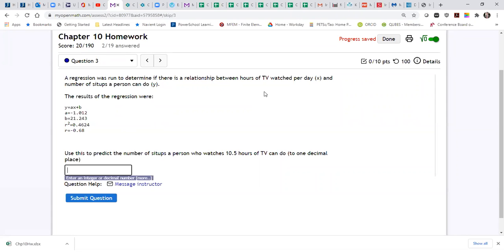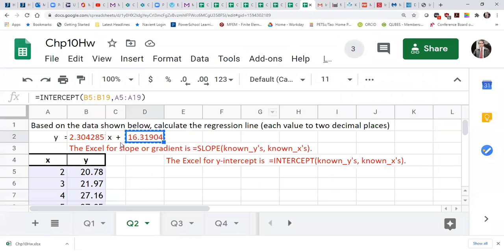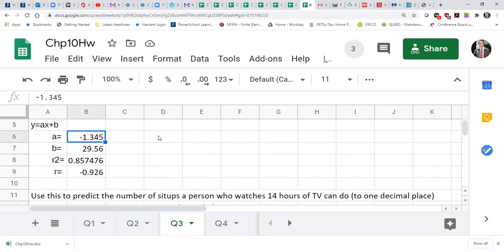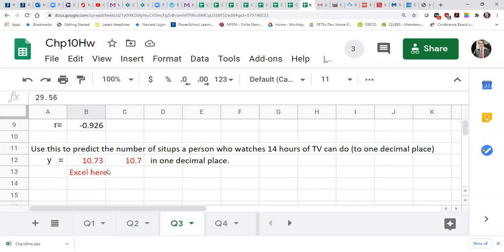So you just simply put the X into this formula. Okay, so you can see here, let's go to number 3. The one that I'm teaching is this number. That's it, and you will get the answer here.